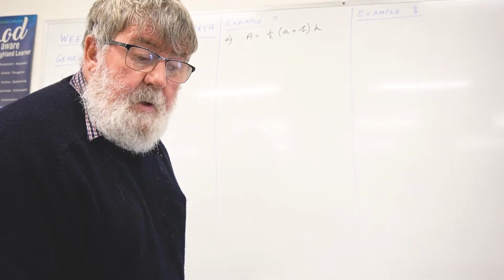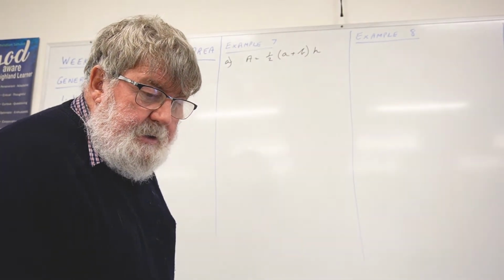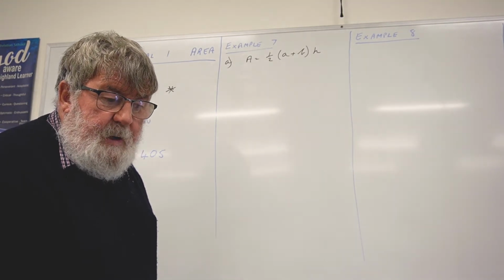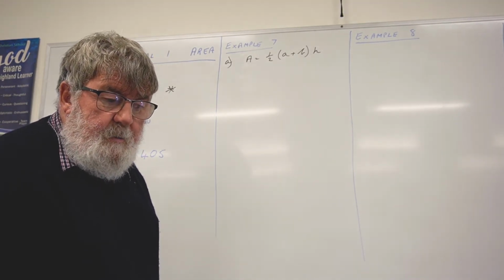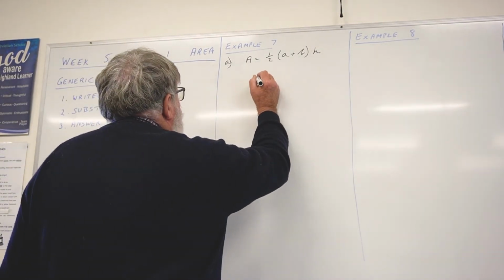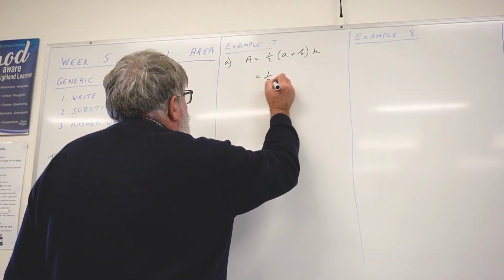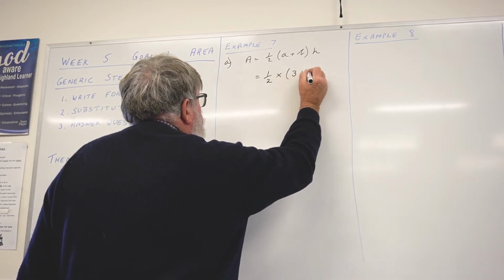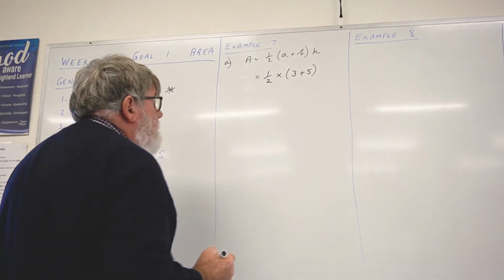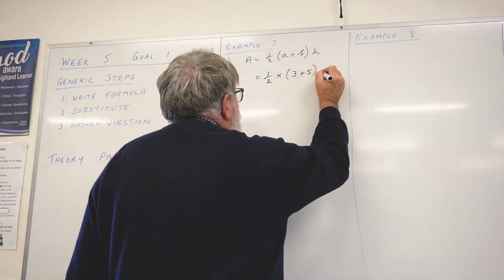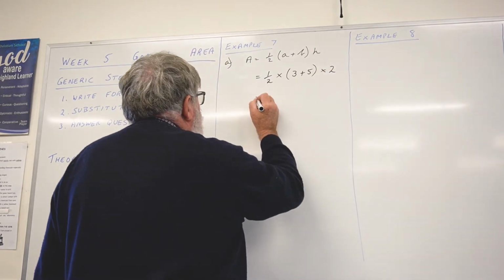So then from the data given in example 7, the 2 parallel sides for the trapezium are 3 and 5 centimetres. Doesn't matter which way around you put them because you are adding them together. So one parallel side is 3, the other is 5, and you are multiplying that by the height of the trapezium, which is 2.